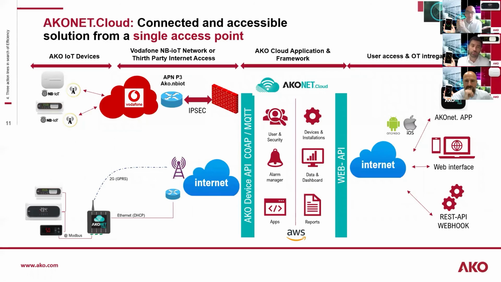All of the solutions you are going to see in this webinar are connected. We don't understand efficiency without connectivity. And all of them are connected through several methods. We can work with a wireless system, working with narrowband Internet of Things, IoT.